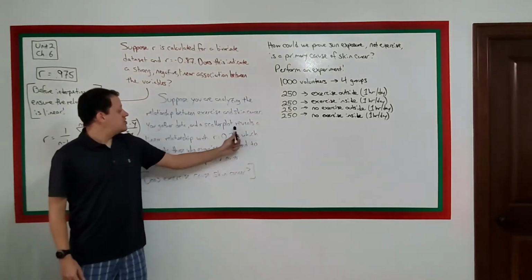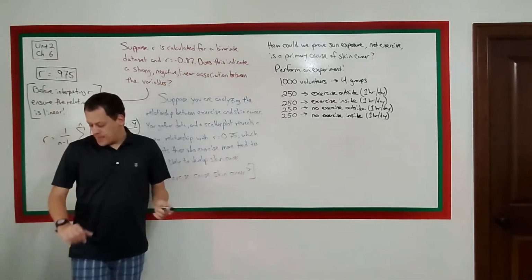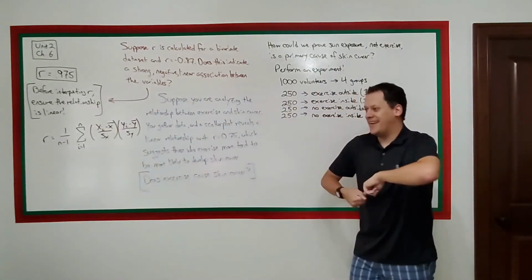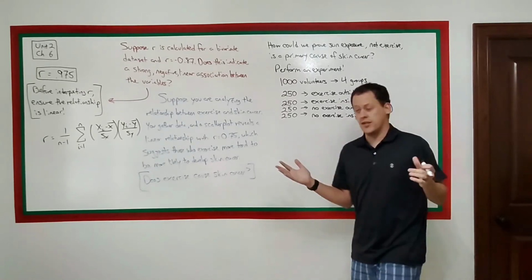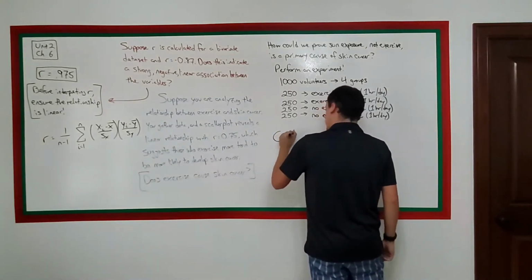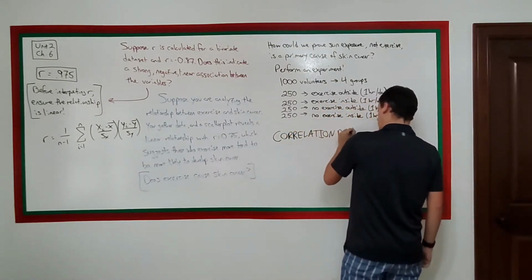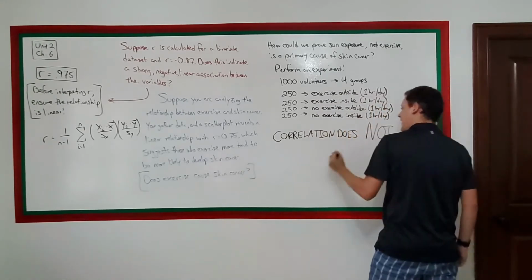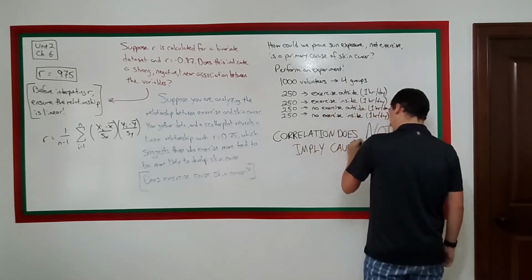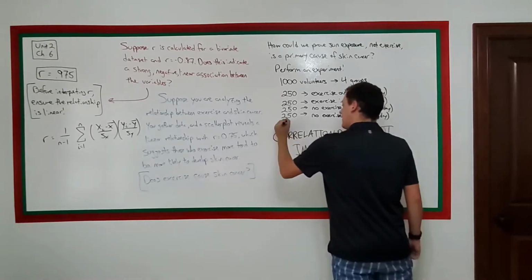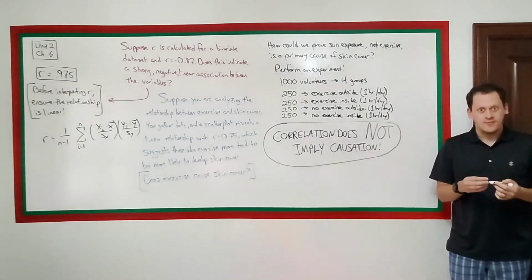Just because this correlation is high does not mean that exercise causes skin cancer. And this actually brings up a phrase that is fairly commonly known, even among just the general public, and that is: correlation does not imply causation.